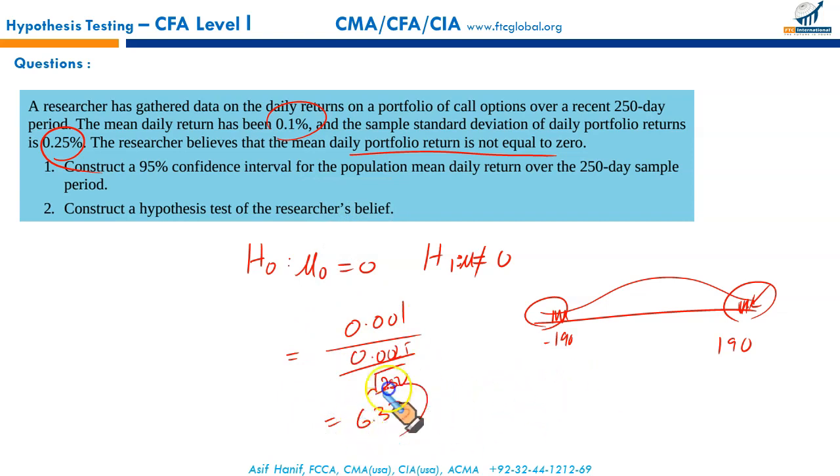As you can see, our test statistic, 6.33, is greater than 1.96. It falls in this region. And we already agreed that if our test statistic is greater than 1.96 or less than negative 1.96, we will reject the null hypothesis. So we can now reject the null hypothesis that the mean daily option return is equal to 0. It is not.